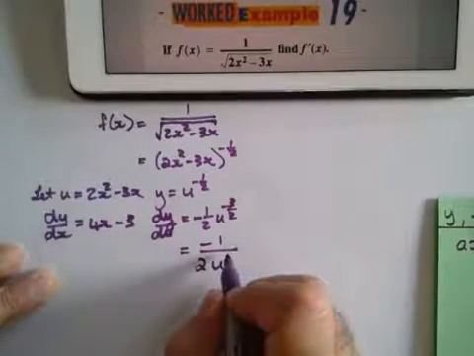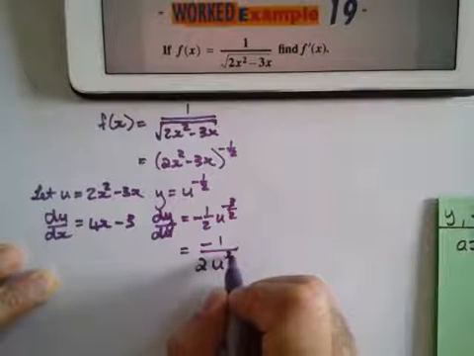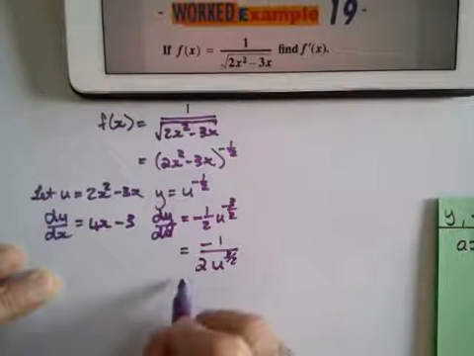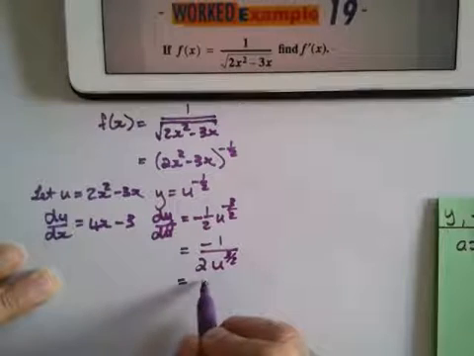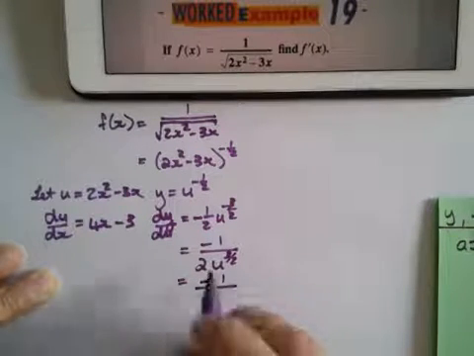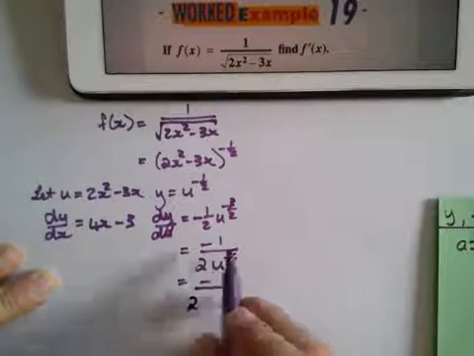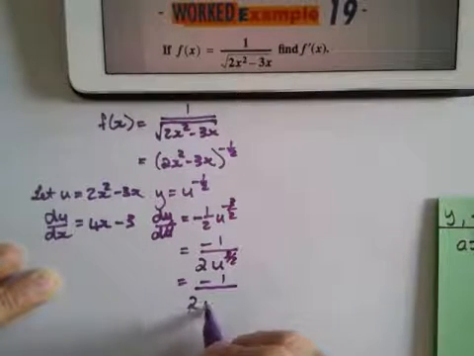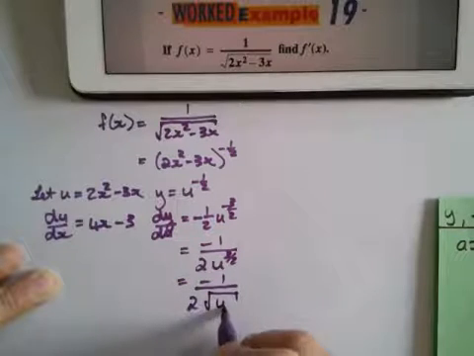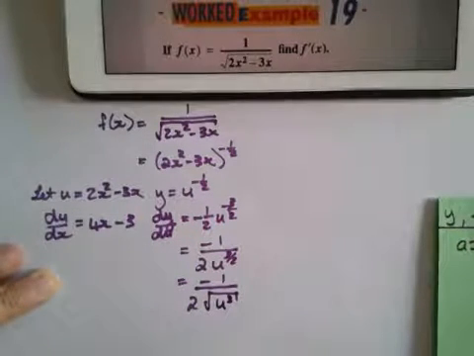If it goes underneath the line, it becomes positive 3 over 2, which gives us the square root of u cubed.